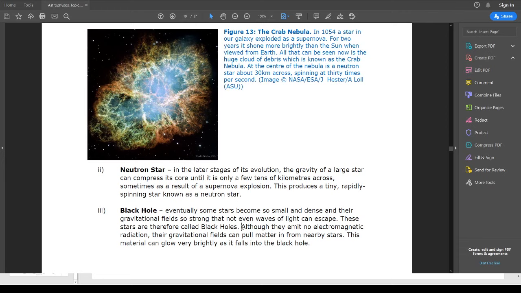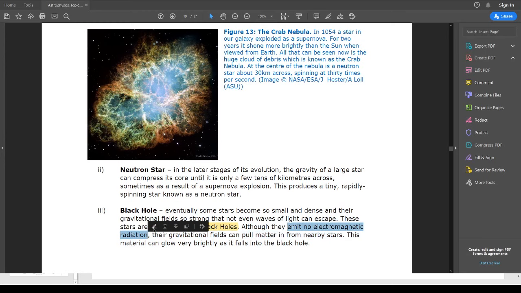Although they emit no electromagnetic radiation, their gravitational fields can pull matter in from nearby stars. This material can glow brightly as it falls into the black hole. So this is how we see the event horizon of the black hole. Let me highlight some parts here. Black holes emit no electromagnetic radiation.